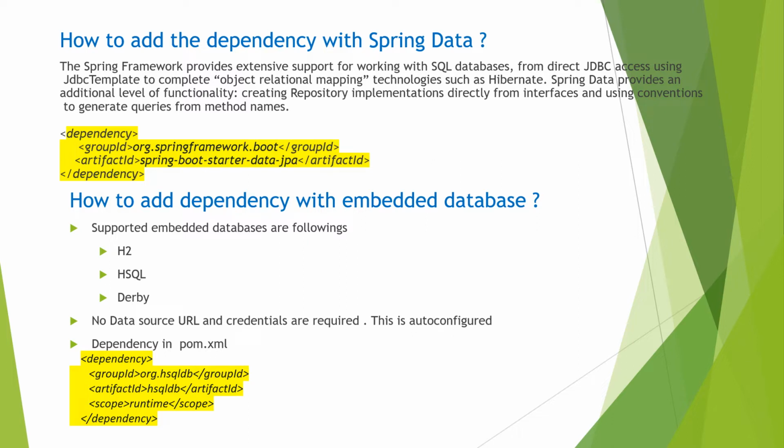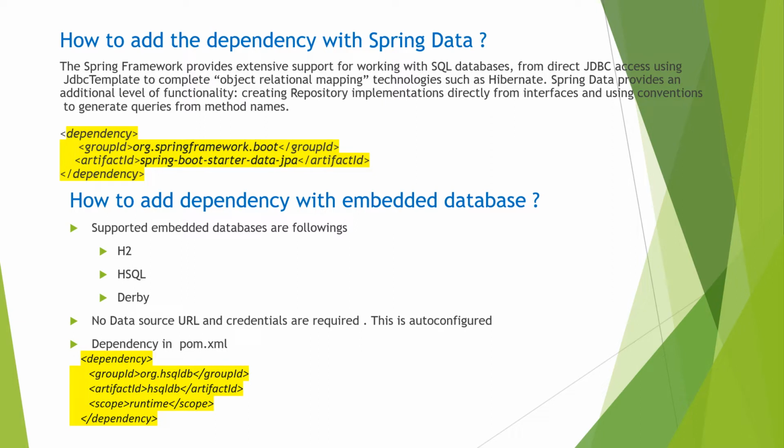But other than this JDBC and ORM, Spring Boot has given another flavor, that is Spring Data, which is nothing but another layer giving the repository concept to interact with the database.